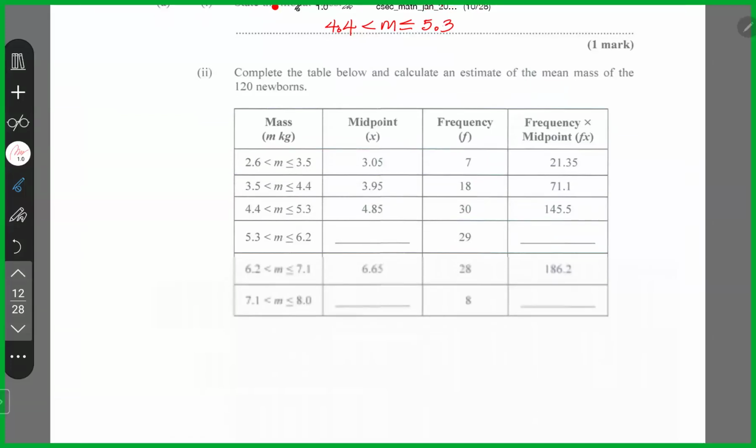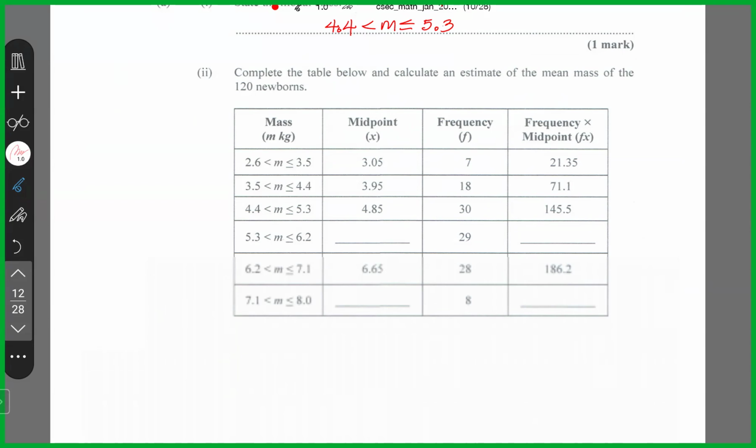Complete the table below and calculate an estimate of the mean mass of the 120 newborns. All right, so here's the thing about midpoints. Midpoints generally go by a specific amount.